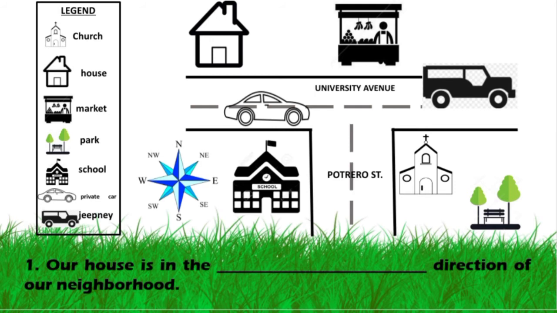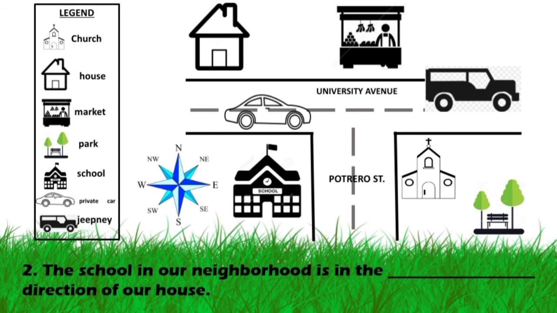The answer is, our house is in the northwest direction of our neighborhood. Number 2. The school in our neighborhood is in the blank direction of our house. The answer is southeast direction of our house.